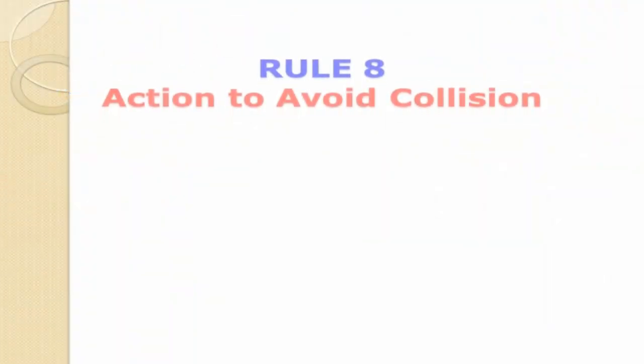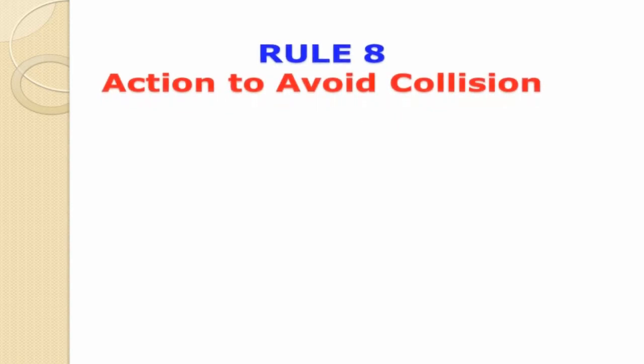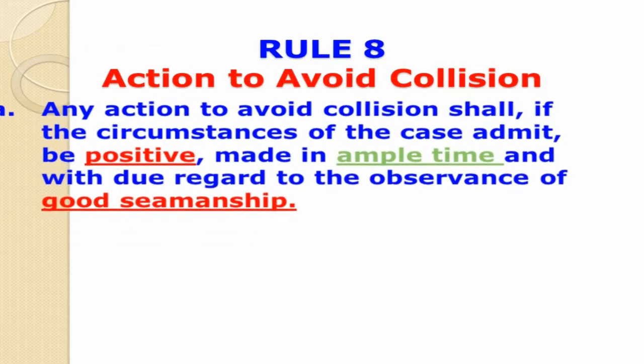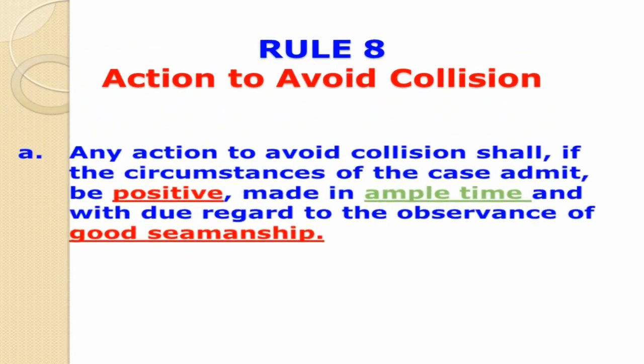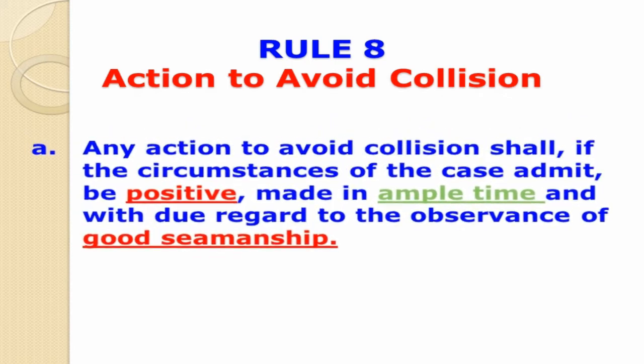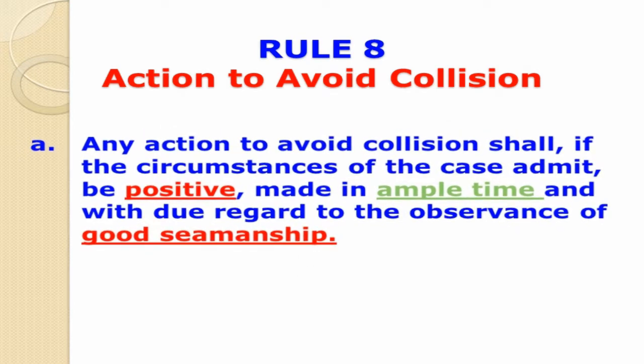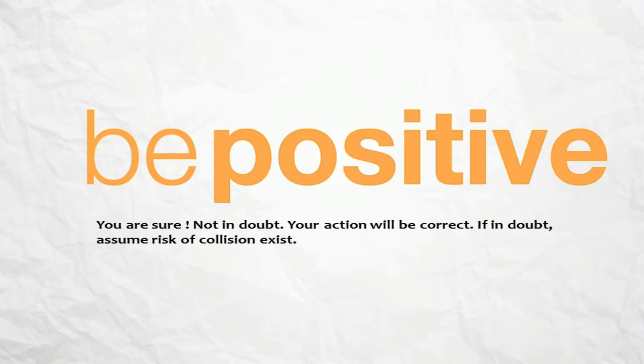Any action taken to avoid a collision shall be taken in accordance with the rules of this part, and shall, if the circumstances of the case admit, be positive, made in ample time, and with due regard to the observance of good seamanship. Be positive means you are sure, not in doubt, your action will be correct.